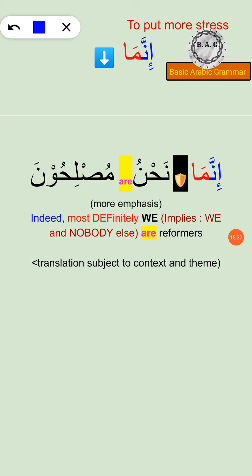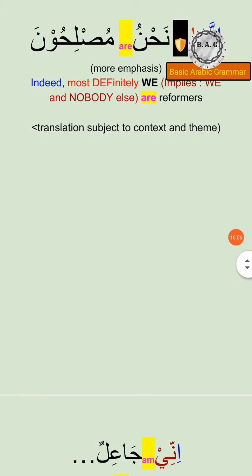Similarly, innama nahnu mustahzi'un would be, indeed, most definitely, we are nothing but mockers. So that's the concept of hisr as well. We are going to cover these various degrees and types of stress and emphasis, inshallah, in quite some detail in the next section. Innama nahnu muslihun.